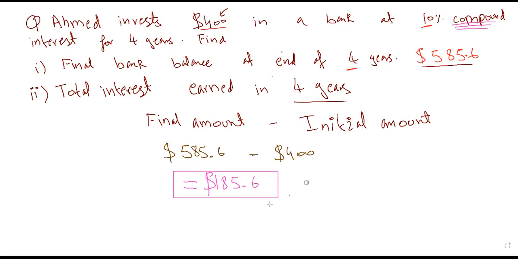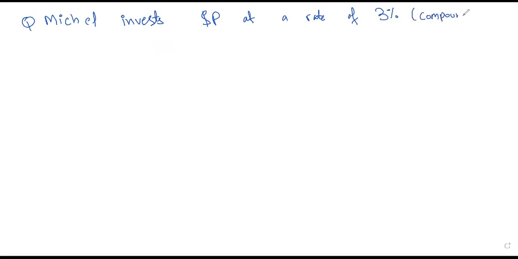Let's talk about another question. This is the last question for today. It is: Michael invests $P at a rate of 3% compound interest.